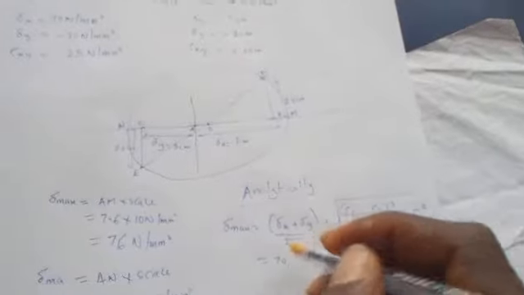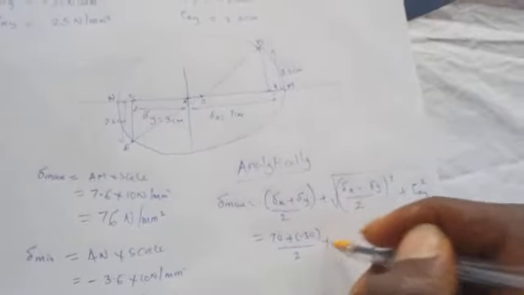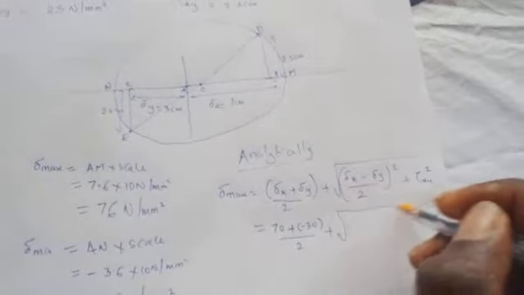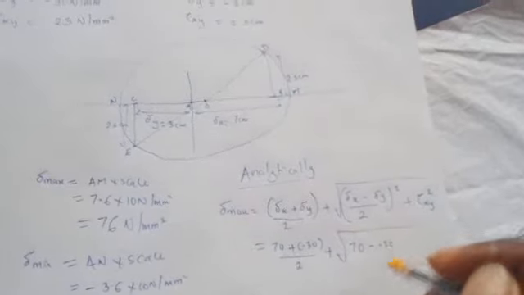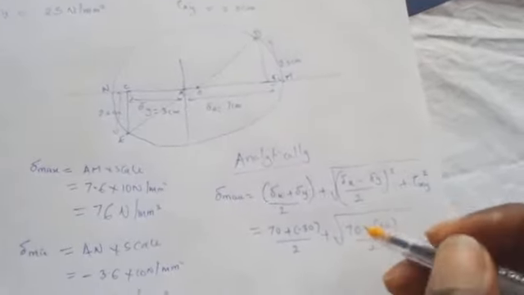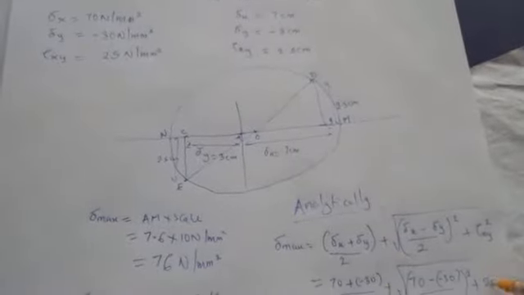and my tau xy is 25 Newton per millimeter squared. So by inserting these values, we have 70 plus negative 30, divided by 2, plus the square root of (70 minus negative 30) divided by 2, all squared, plus 25 all squared.